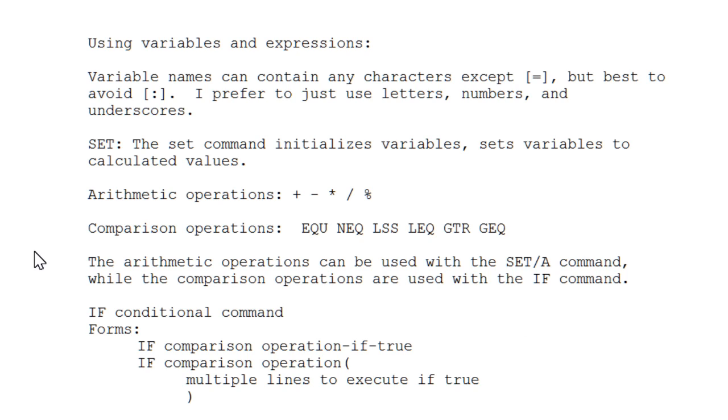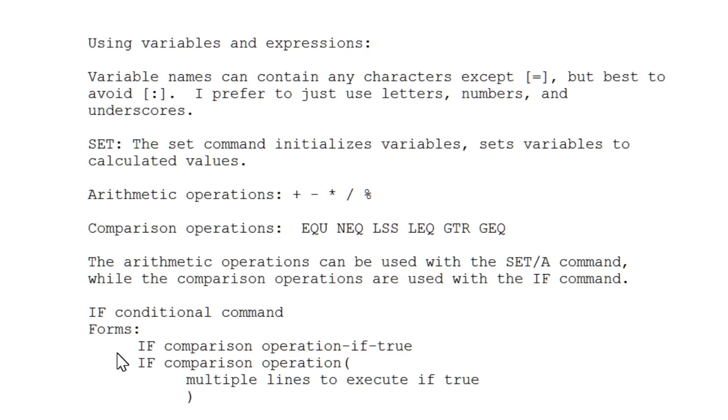The arithmetic operations can be used with the set /a command, while the comparison operations are used with the if command. And here is what an if command looks like. You can have the one-line form where it's if, some sort of a comparison expression, and then the command, singular, to perform if the condition is true.